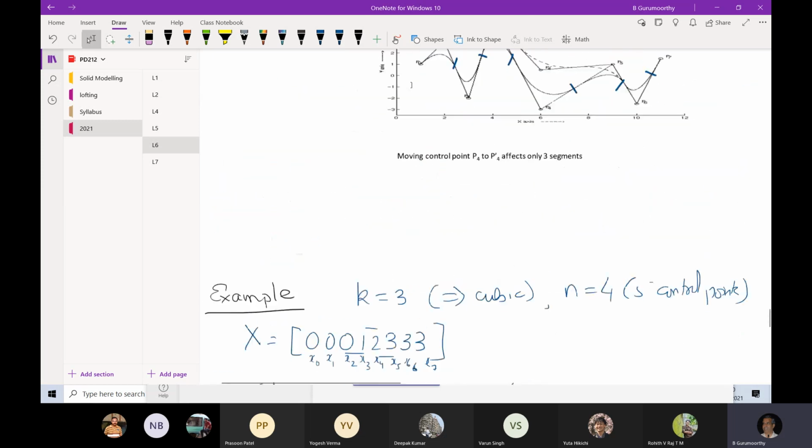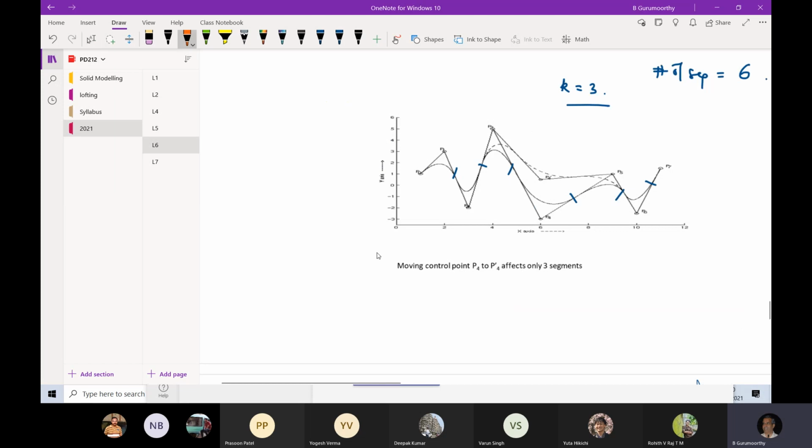Let me see if I can draw it on this, because here the curves are better marked. So k is 3 here. The first convex hull, of the first 3 points, is this, and this segment is inside that. The second one is this, and that is satisfied. And the third one is that, and that is satisfied.